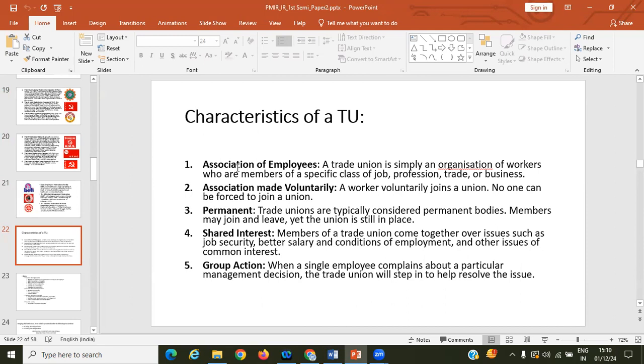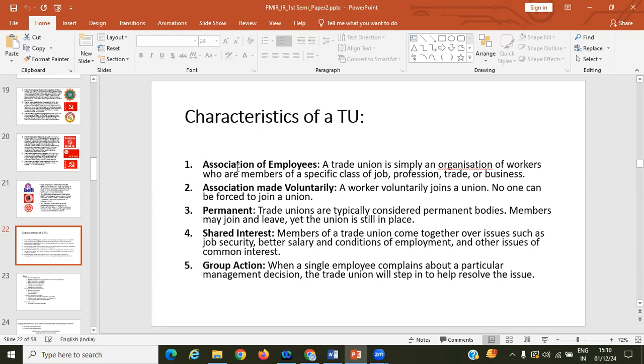You work in an organization, which means you will have unions in that organization. You can join, and the union will consider and understand your problem. If you have any issues, you can complain, you can take help from that union, and that will go to the organization.